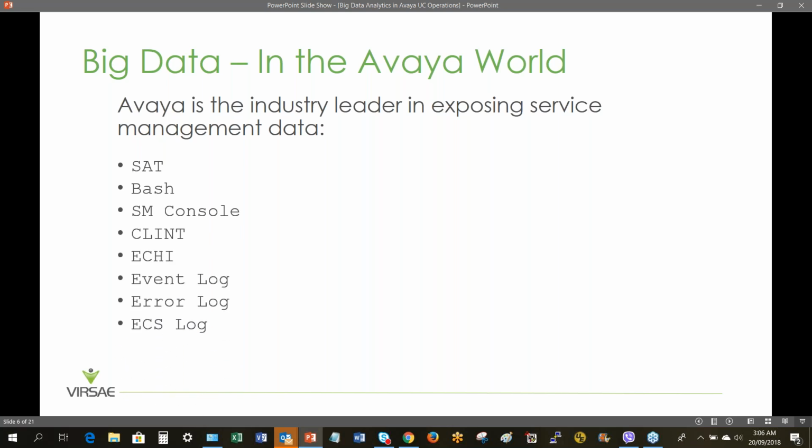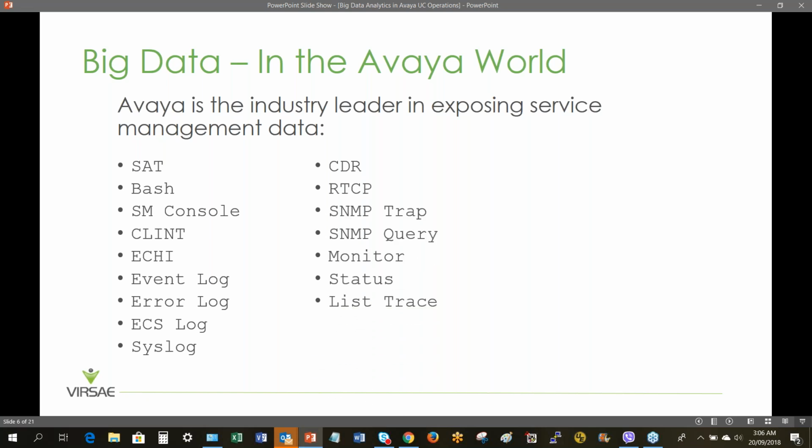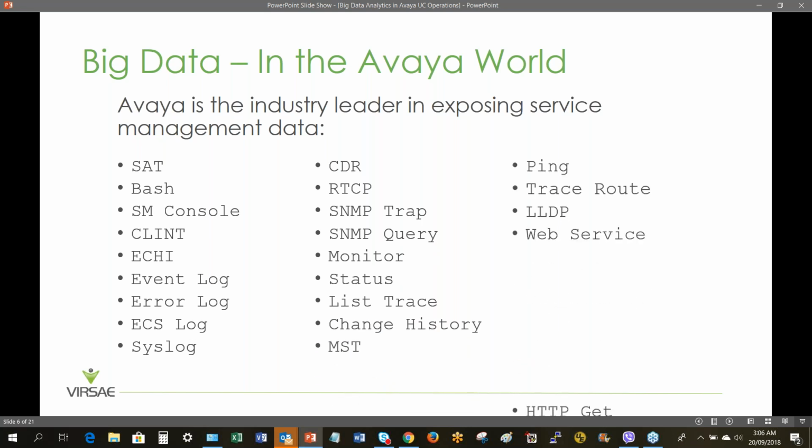So all of these interfaces, all of these APIs are coming up on the screen now, all available in the Avaya world, and you'll all start to recognize these things. And I guess, like myself, until recently, quite frustrated in the amount of information that's there, but the inability to take that, store that, analyze it, and use it has always been quite difficult up until relatively recently.